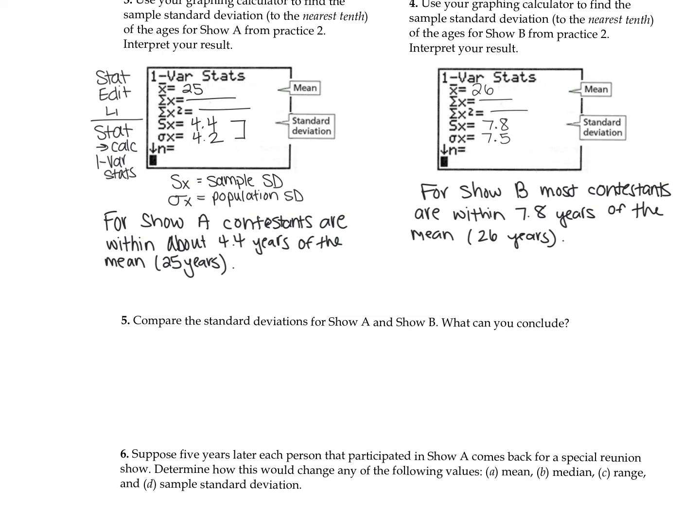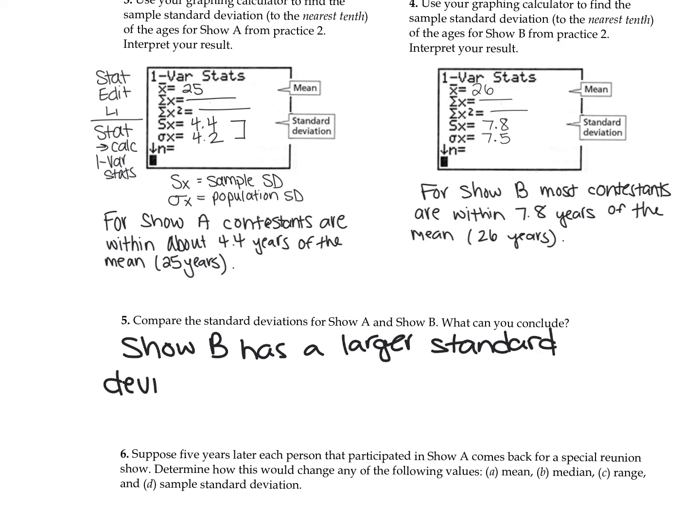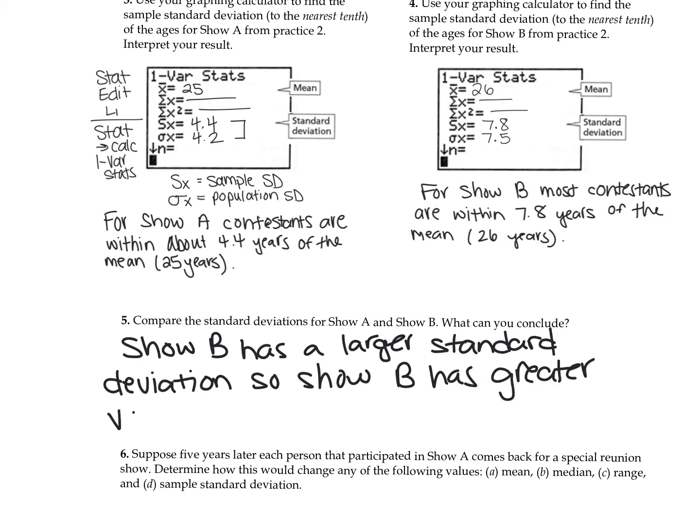All right, question 5. Compared to the standard deviations for show A and show B, what can you conclude? We can say show B has a larger standard deviation, so show B has greater variability.